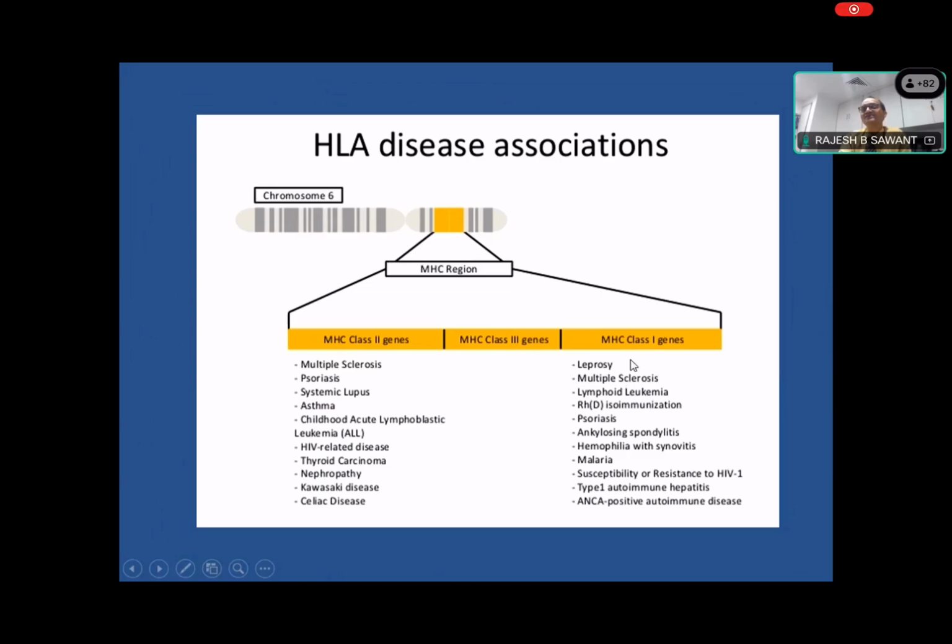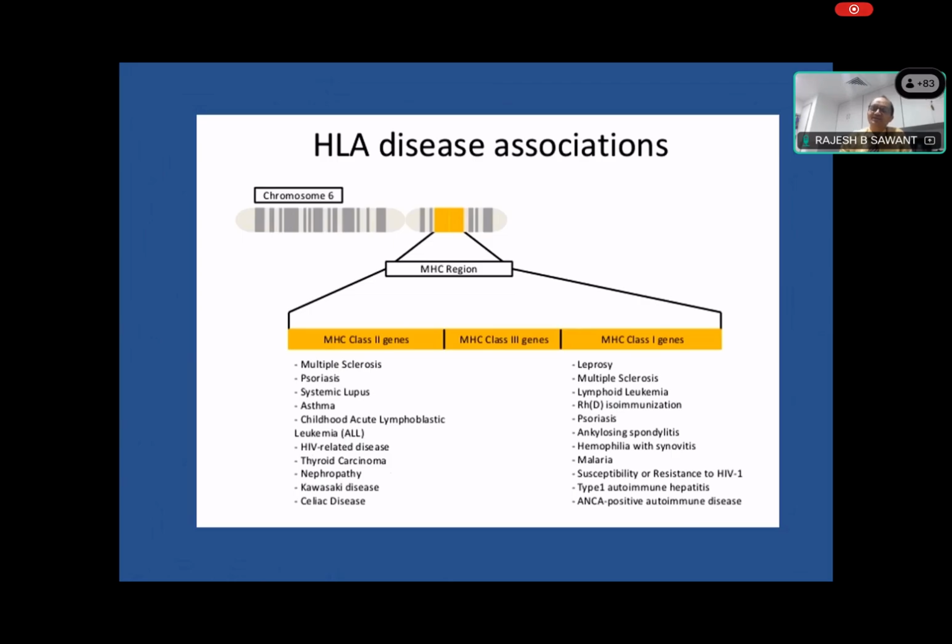So HLA class 1 genes are mainly associated with, say, occurrence of leprosy, multiple sclerosis, lymphoid leukemias, Rh isoimmunizations, psoriasis, ankylosing spondylitis, hemophilia, malaria, and various susceptibility to or resistance to HIV-1 or type 1 autoimmune hepatitis, ANCA positive autoimmune disease, etc. Whereas class 2 genes are associated with multiple sclerosis, SLE, asthma, psoriasis, childhood ALL, or HIV-related disease, thyroid carcinomas, nephropathies, Kawasaki's disease, celiac disease, etc.